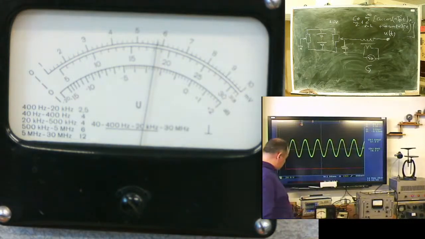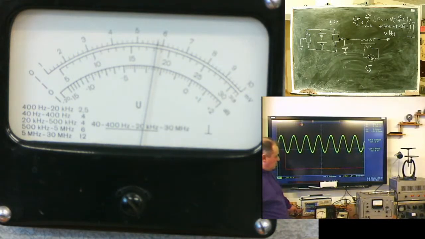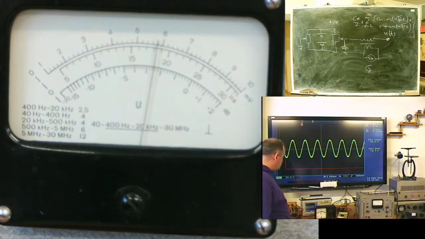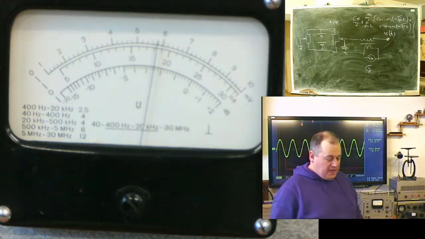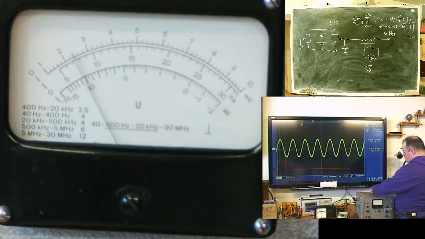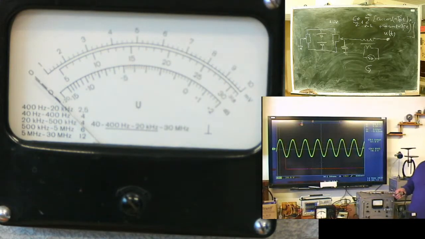And what about the DC component? We ignore this DC component. This old instrument with an amplifier has a tendency to ignore the DC component. So it's only good as an indicator.